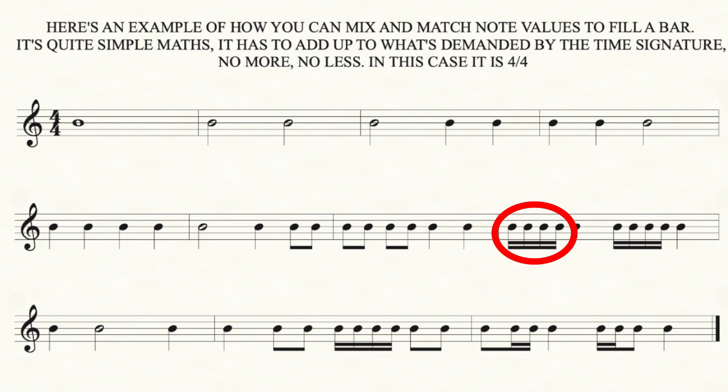Nice, isn't it? Or we could go 1, 2, 3, 4, 1, 2, 3, 4, just to symbolize our semiquavers. Likewise, we could now substitute the rhythm with la la la la. Easy peasy.